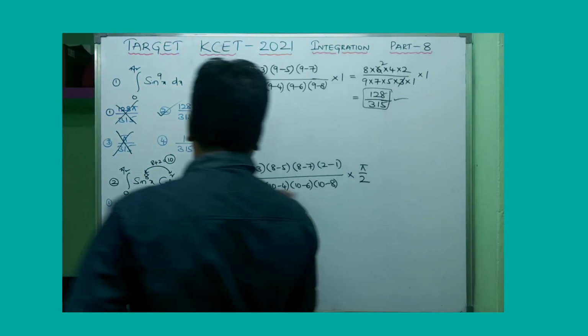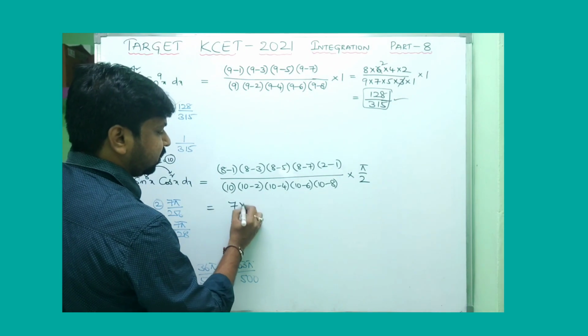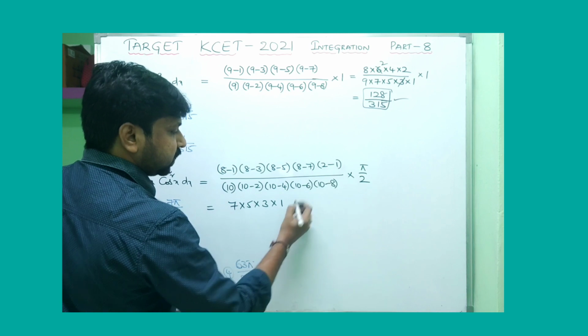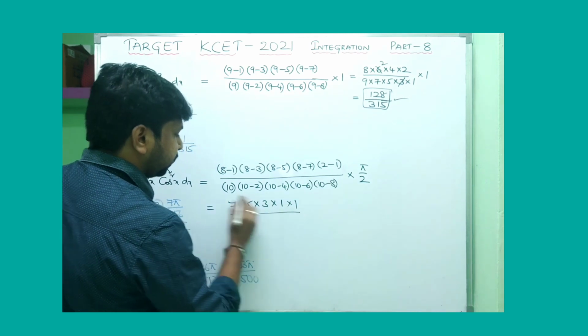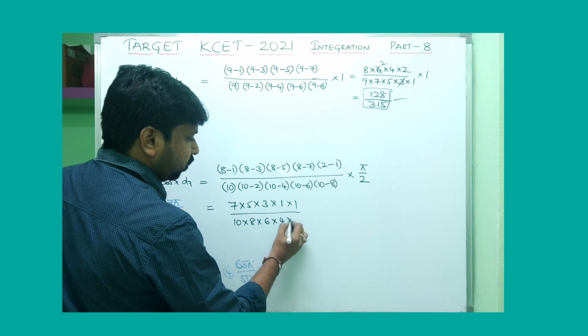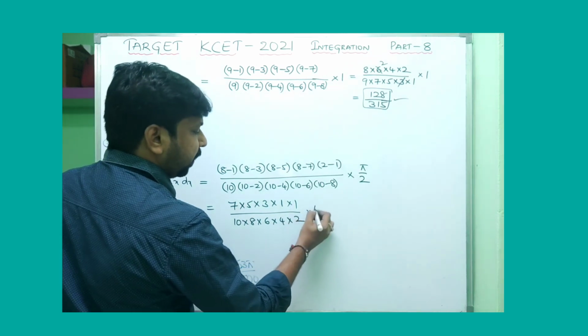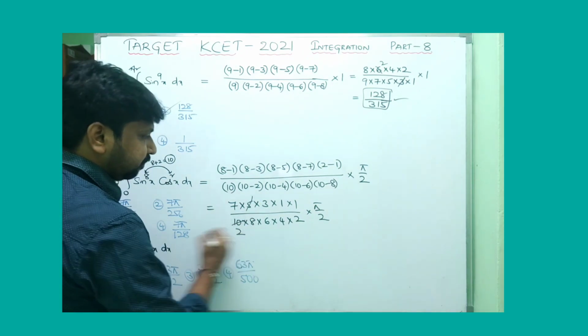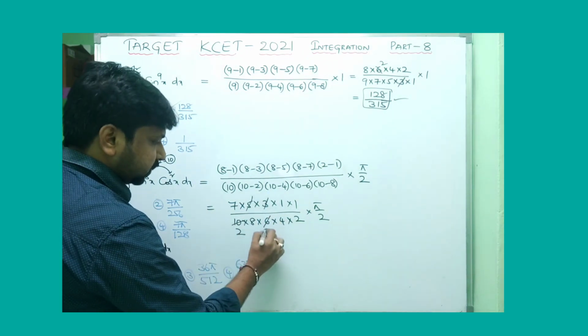If you simplify, you are going to get 7, 5, 3, 1 from 8 minus 1 and so on, and 2 minus 1 is 1, whole by 10, 8, 6, 4, 2, into pi by 2. If you calculate, 5 and 2s are cancelled. Then 3 and 2s are cancelled.